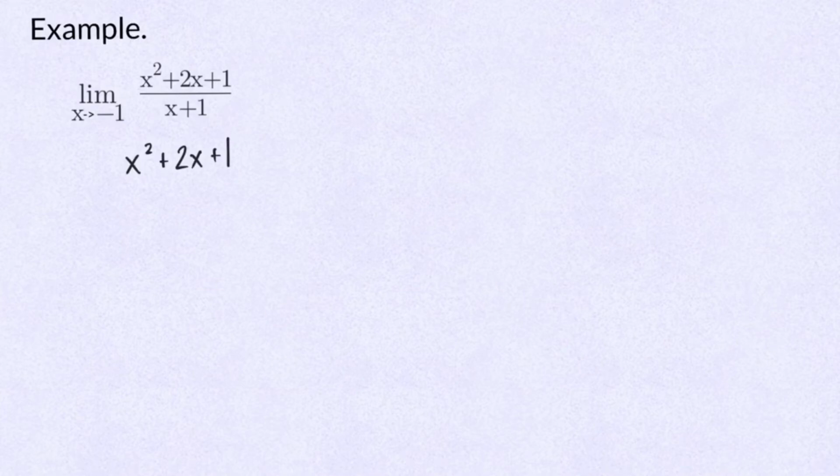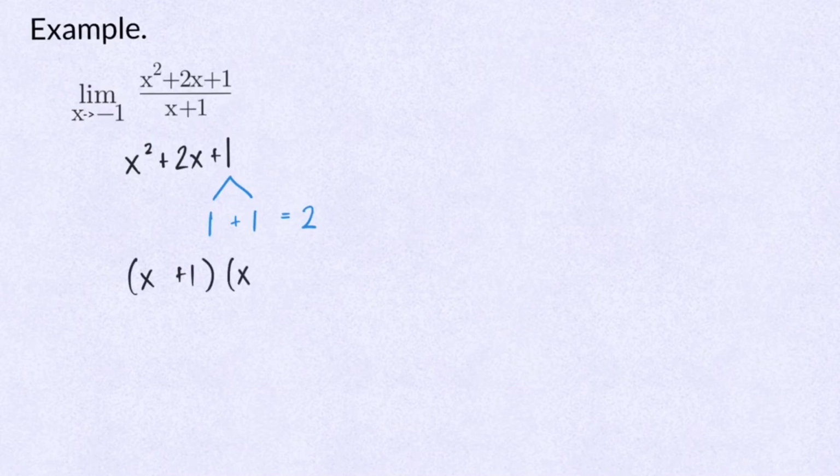So, what are the factors of 1 that when added, the answer will be the number in the middle? 1 and 1, because 1 plus 1 is equal to 2. So we will write it as x plus 1 and x plus 1.